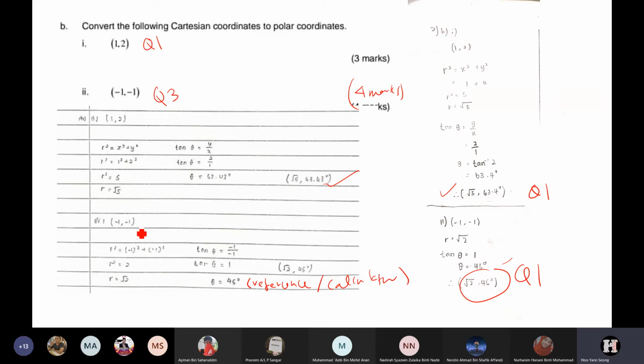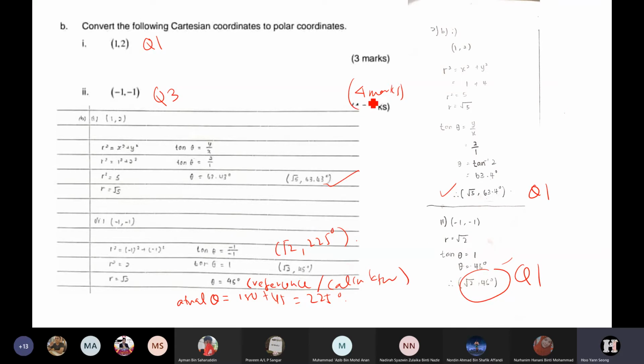But -1 actually is in Q3, so you need to give the actual data. It's 180 plus 45, so you have 225. So the final answer is 225 degrees. You are the one who has to change it.